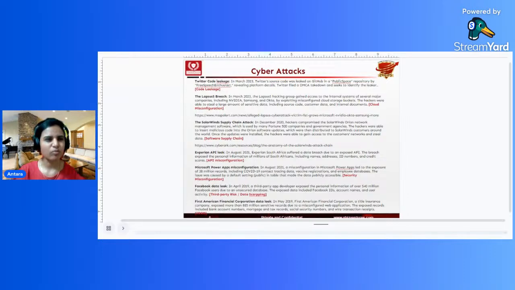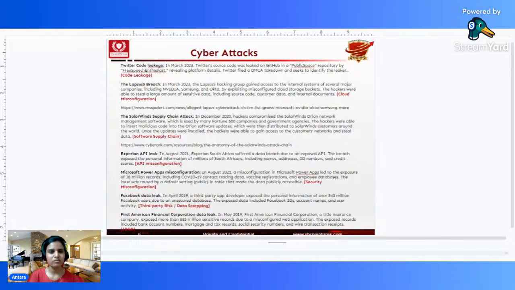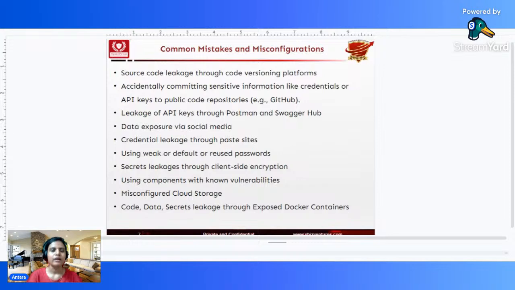Such subject and object matrix based verification and authorization was pretty misconfigured, or I would say developed very weakly. This weakness allowed an attacker to exploit it further and end up downloading millions of records, which were also exposed to the dark web later, right? So those are a couple of examples of cyber attacks that happened due to misconfigurations.